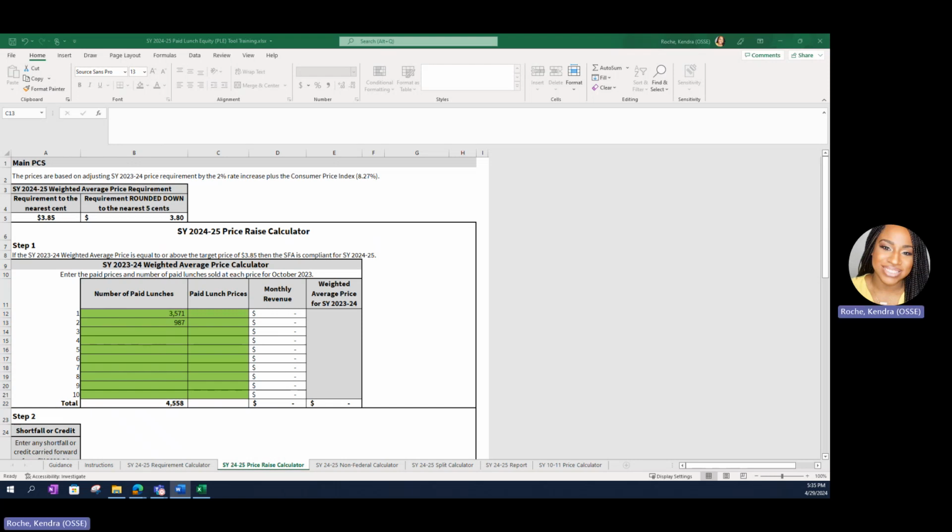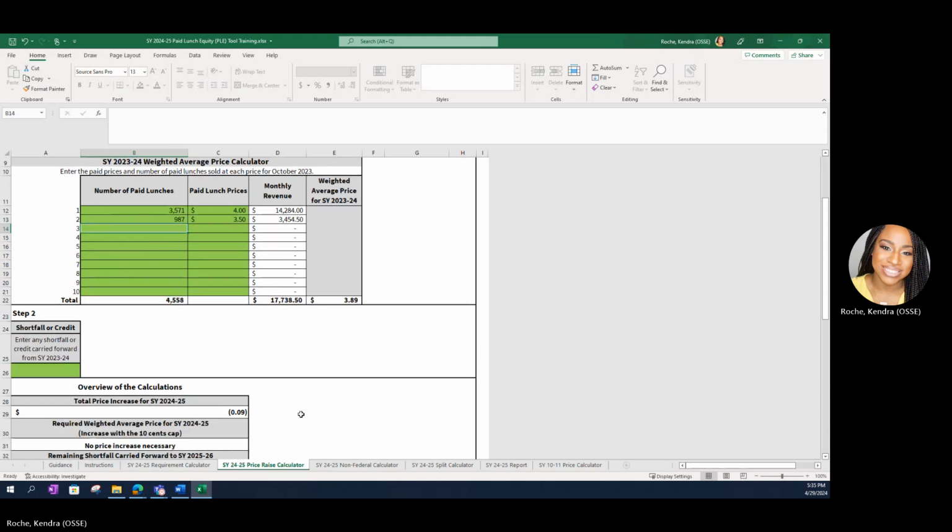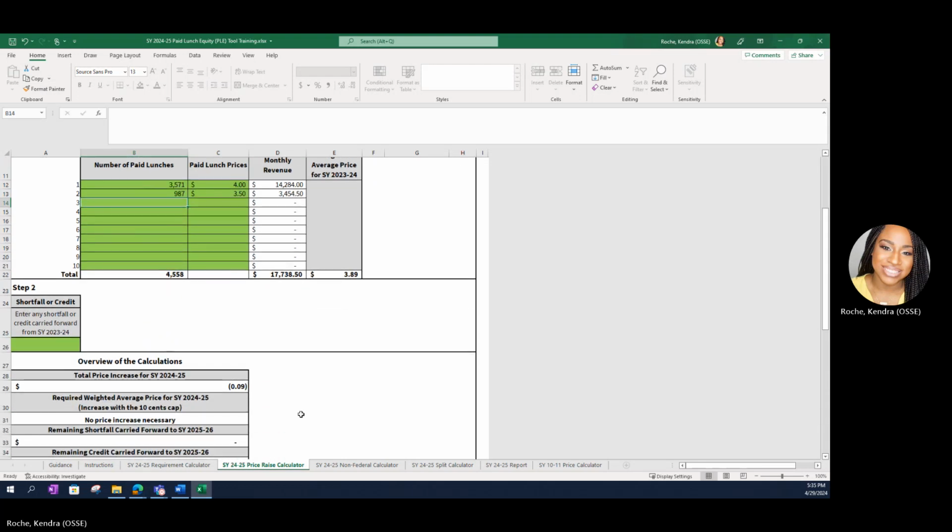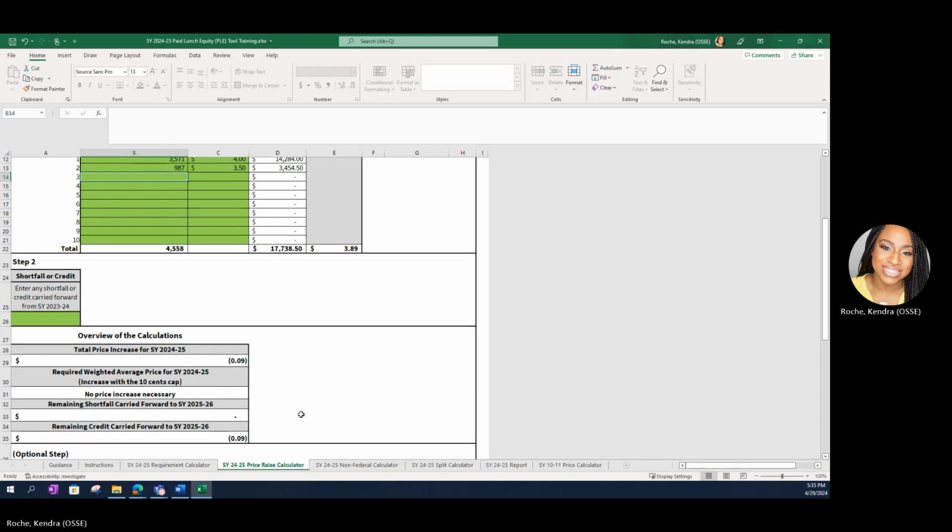The prices are separated by elementary school, middle school, and high school sites. The totals, monthly revenue, and weighted average price for school year 2023-24 will automatically fill in.